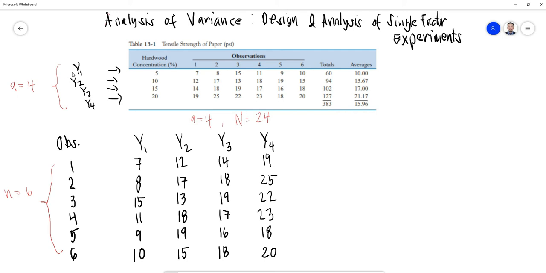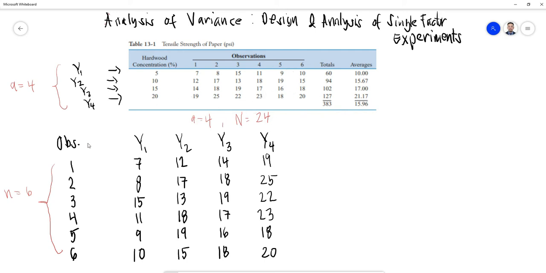We have 4 groups: y sub 1, y sub 2, y sub 3, y sub 4, assigned to the hardwood concentration percentages 5, 10, 15, and 20. We also have the number of observations, which is 6, small n, and the number of samples is 24, represented by capital N.